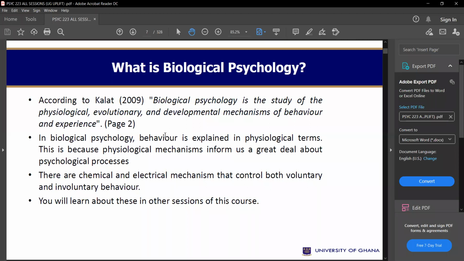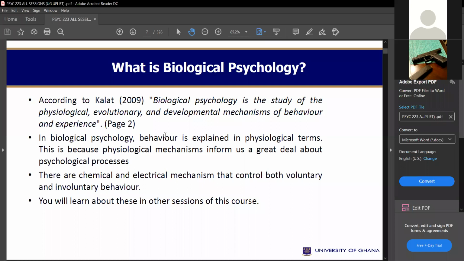So for your emotions to be affected, it means that there are certain physiological mechanisms going on in your brain leading to that reaction, leading to the emotions. So there's that interlinkage between what you think and what goes on in your brain. So basically, that's what biological psychology is all about.